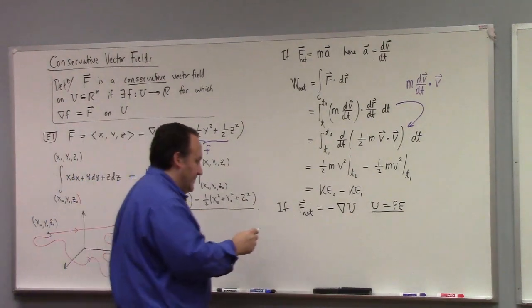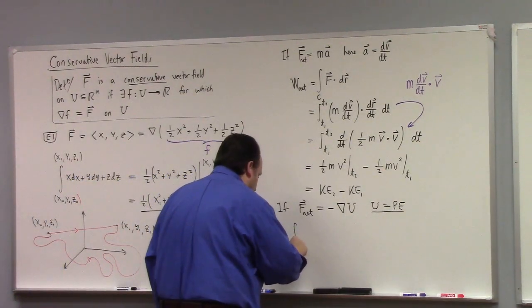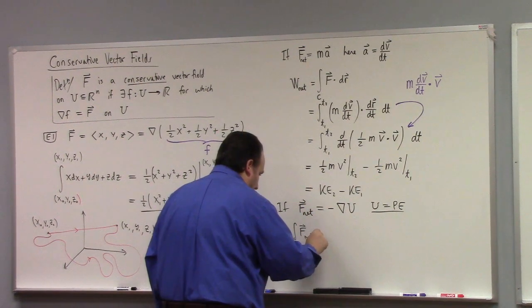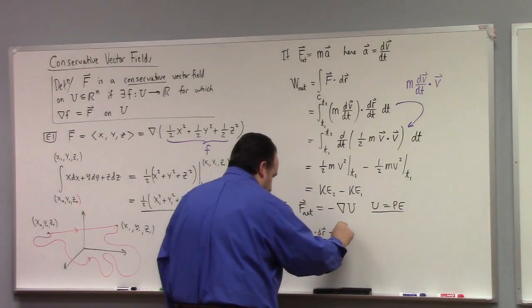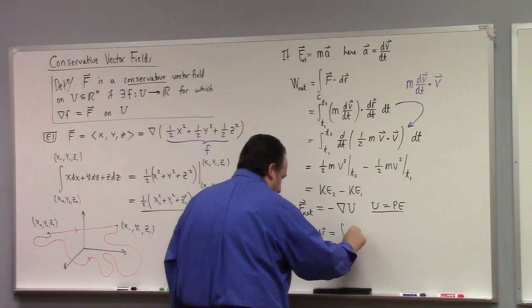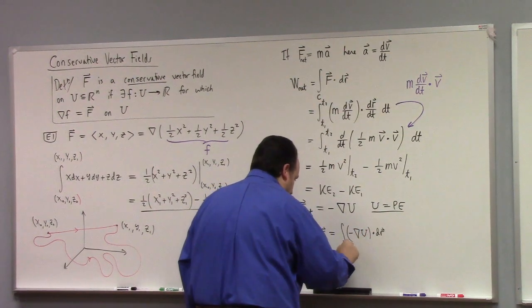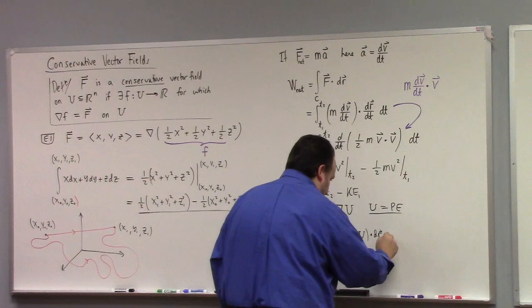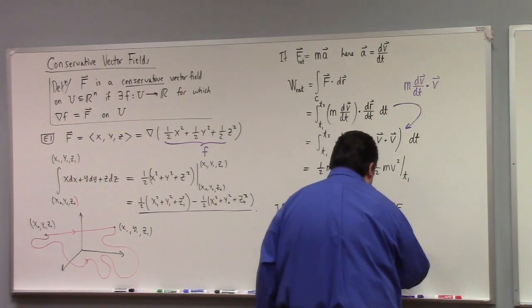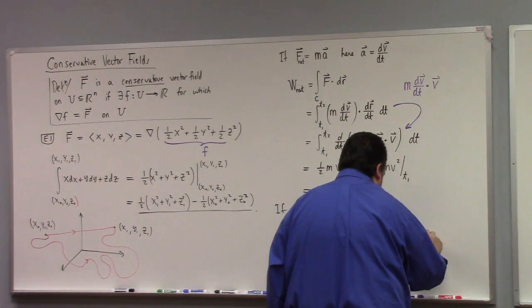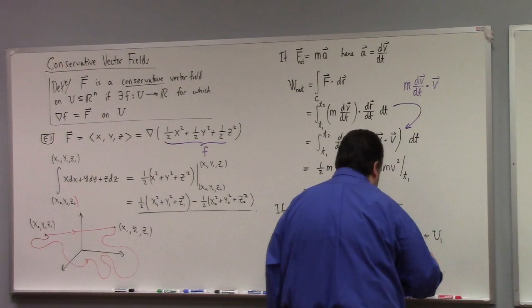And then you calculate the integral along the curve, the same curve we were just talking about, of F net dot dr. And it's equal to the integral of minus the gradient of the potential energy function dotted with dr over the curve, which by the fundamental theorem of calculus part 2 is minus U of time 2, minus a minus, which would be plus U of time 1.